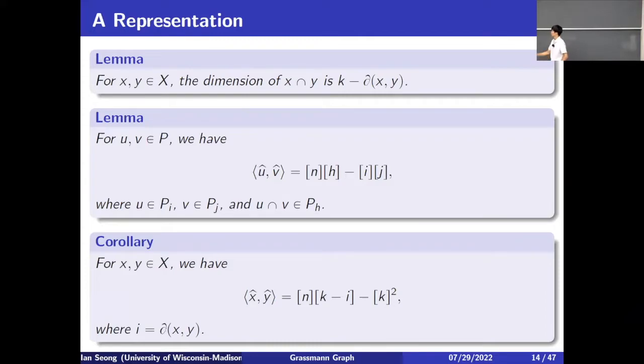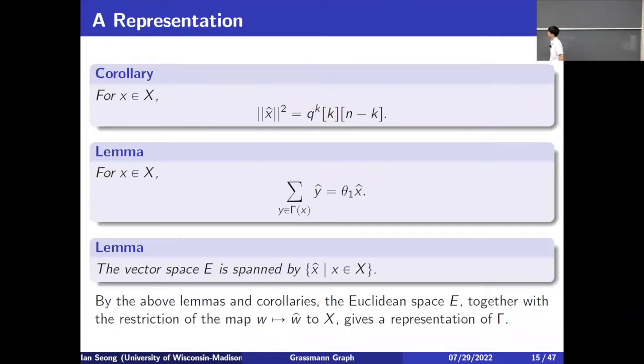So from this, we can come up with a corollary because x and y are in a vertex set, which are k-dimensional subspaces. And using the very top lemma, we can express the inner product between x hat and y hat to be bracket n times bracket k minus i, the k minus i coming from the first lemma, and then minus bracket k squared. And we have i to be the distance between x and y.